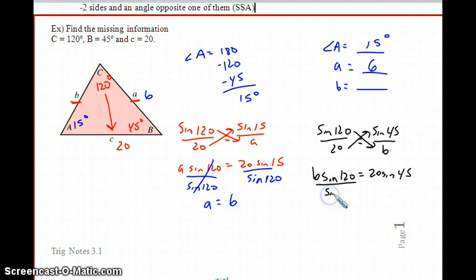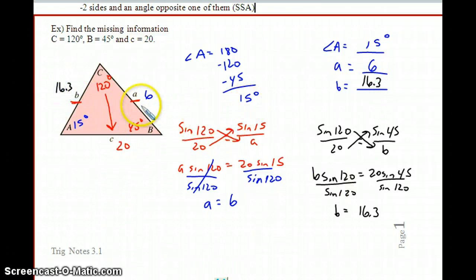Again, we would have to divide by the sine of 120. And this time we would end up with 20 sine of 45 divided by the sine of 120, which is 16.3 if I round.